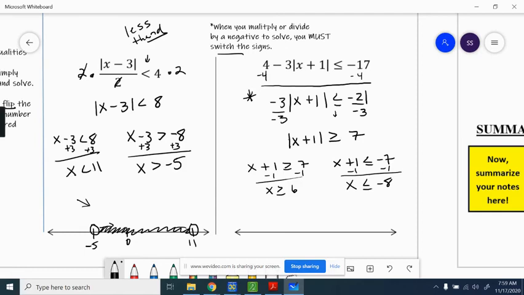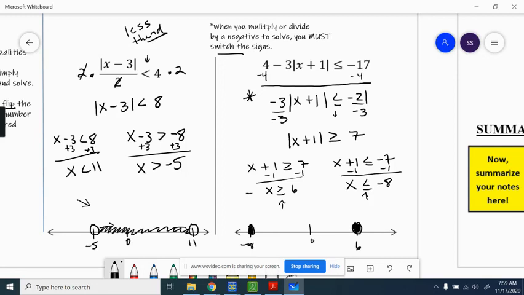Okay, so now we're going to go ahead and plot these out. Put 0 right in the middle, put +6 right here, -8 about right there. And so now we're going to circle the number that we're comparing and determine if they're open or closed. We have the lines underneath, so that means they are closed. These numbers are included. And now we're going to go ahead and draw the line.